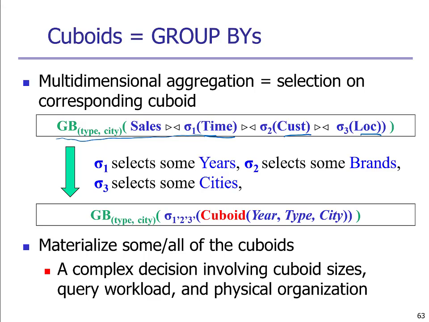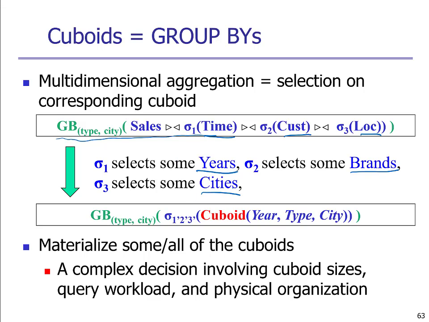For each dimension we first need to decide its level. It's related to the query or the user's specification or needs. Let's say we select some years, for the customer we select some brands, and for location we select some cities.